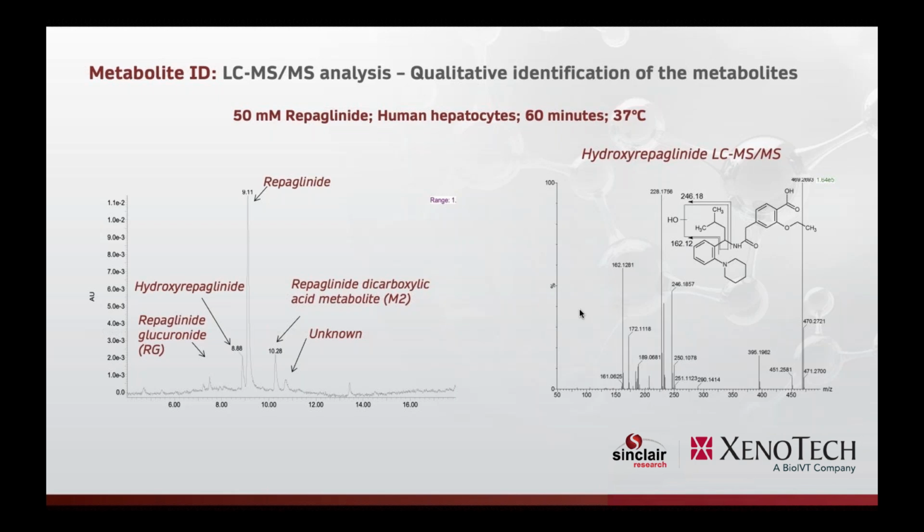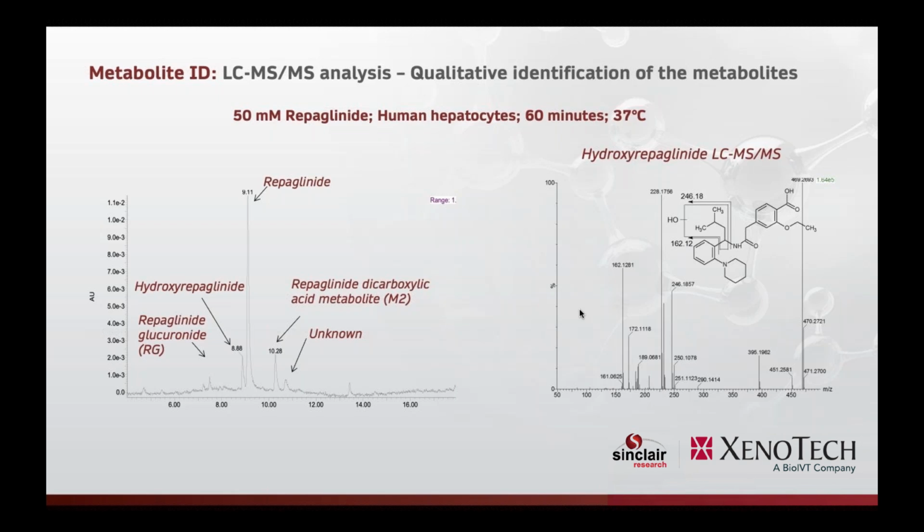Now, these study types can be done quantitatively, and there are a couple of different ways for that. The first is if a metabolite reference standard is available. So you can run a calibration curve and then, of course, quantify the amount of metabolite that's formed. However, when these studies are generally first done, we don't know what metabolites are going to be present, so it's probably highly unlikely that a reference standard is available.